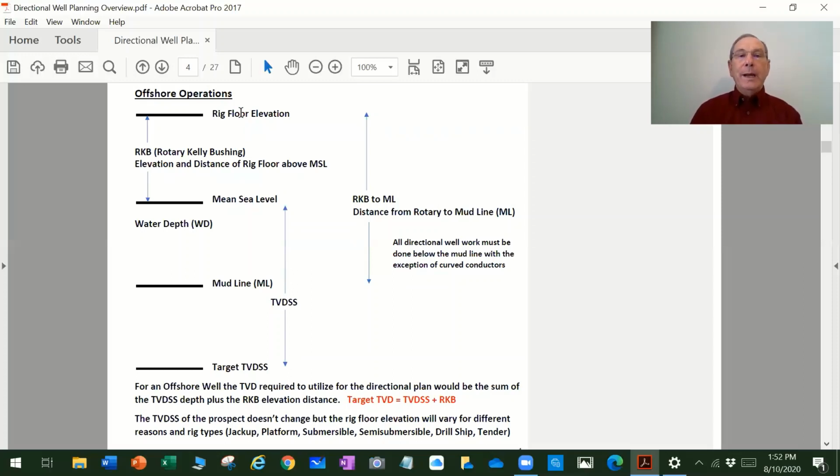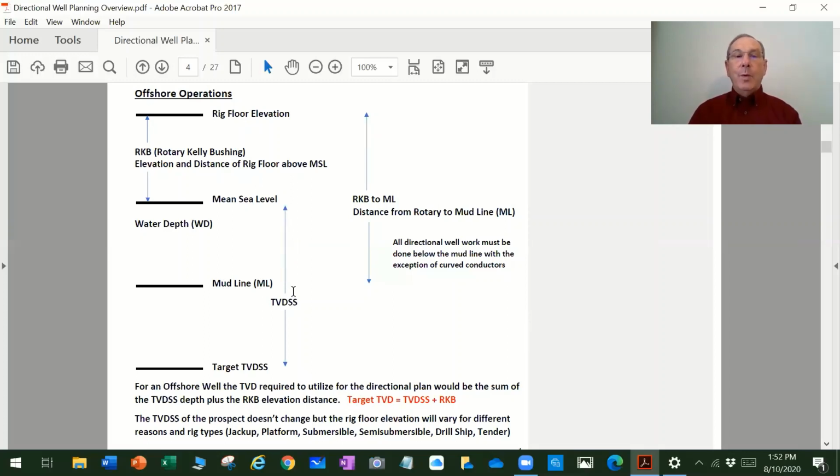So our particular rig operation is going to have some RKB, which is the distance from the rig floor to the ocean level or to mean sea level. And so we would have to add the RKB to the target true vertical depth subsea in order to come up with our project TVD depth.